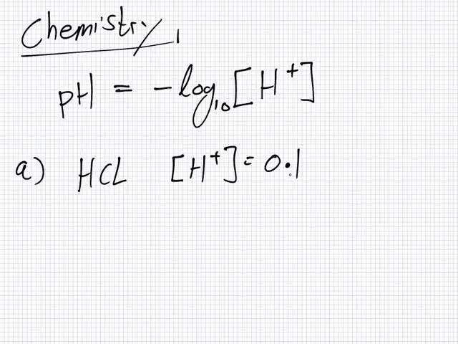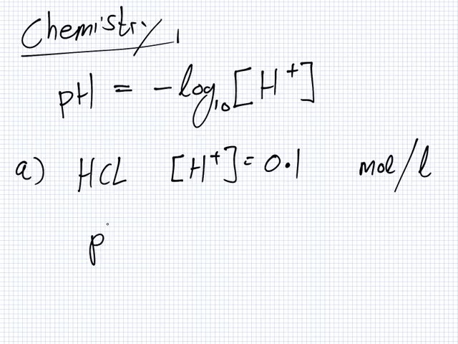So what I want to do first is a simple question: calculate the pH level if the concentration is 0.1 and what's the unit? Moles per liter, isn't it? Moles per liter. Okay, so this is an example, not a common example, but this is one where you need to use base 10 on the calculator.